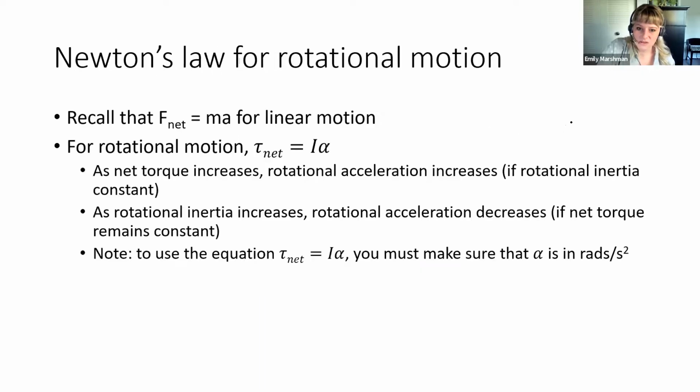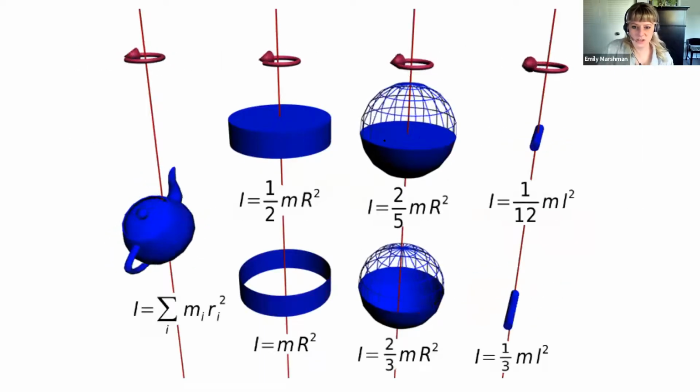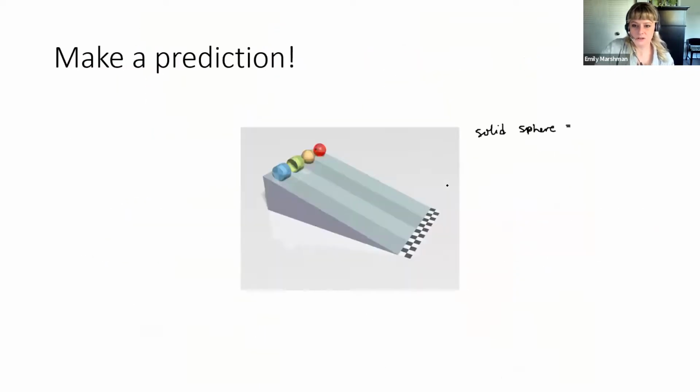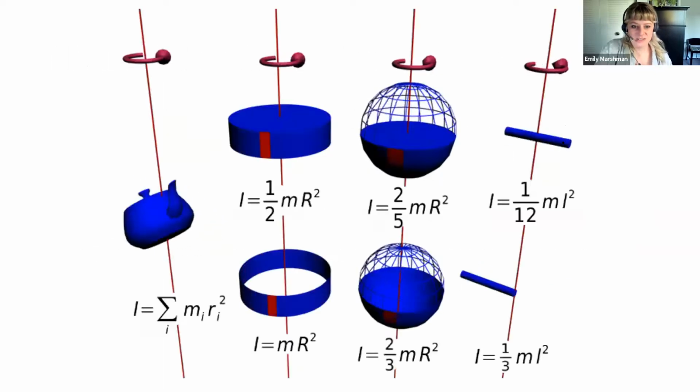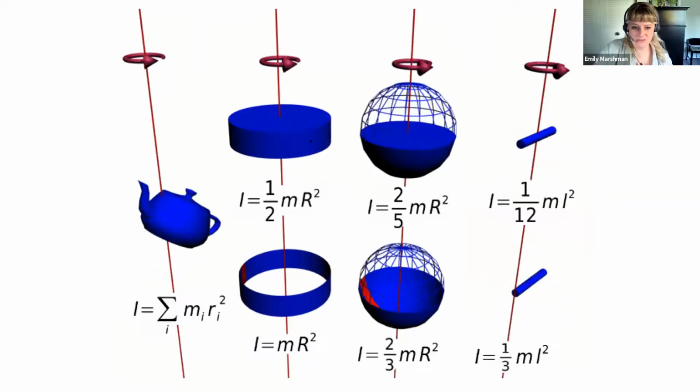For the solid sphere, the moment of inertia was 2/5 mr squared. The next one that reaches the finish line looks like it's the solid disk, right? So the solids are reaching the bottom first. The moment of inertia for a solid disk is 1/2 mr squared.